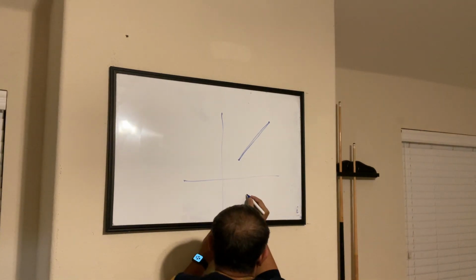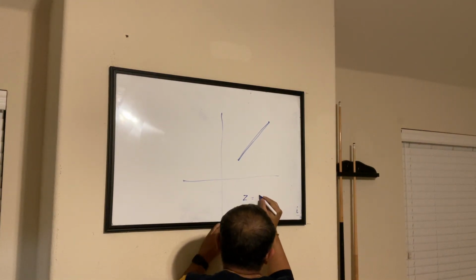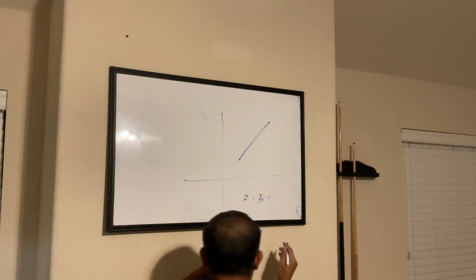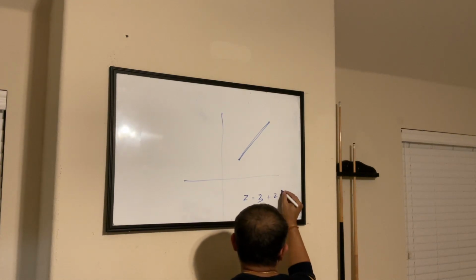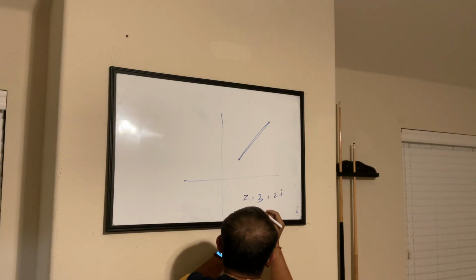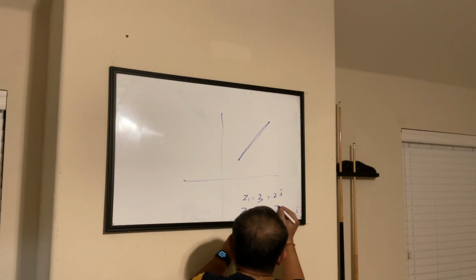Let's say my complex numbers were z equals 3 plus 2i, and my second number was 6 plus 7i.